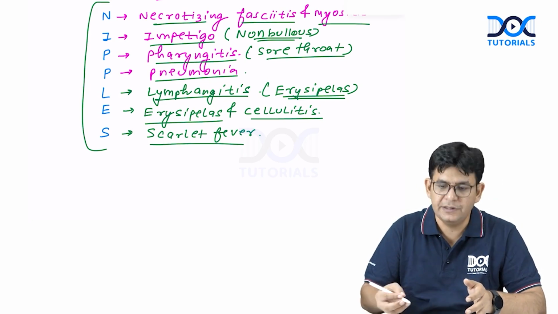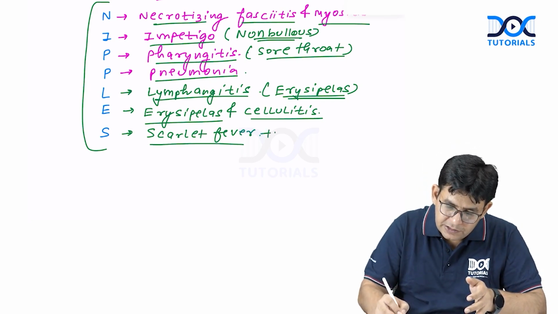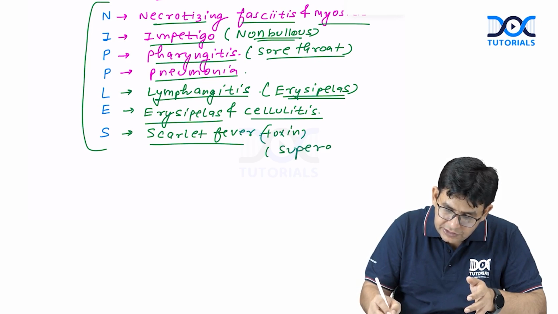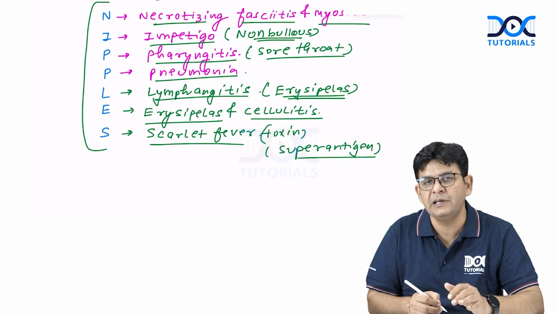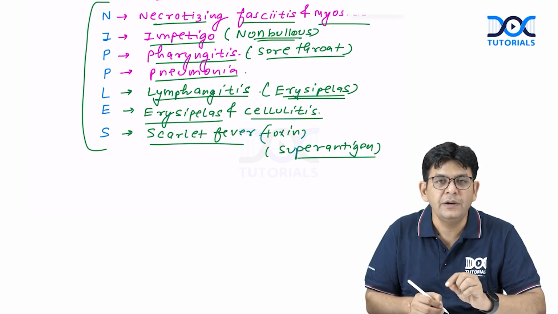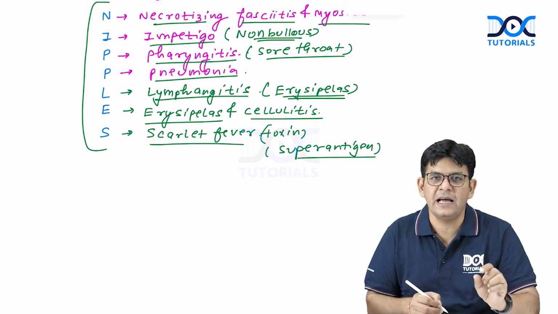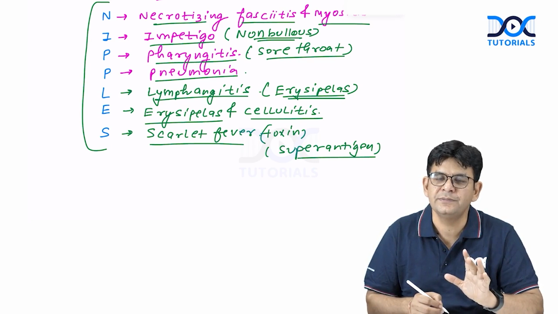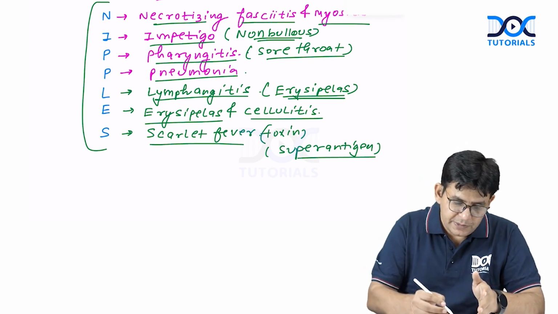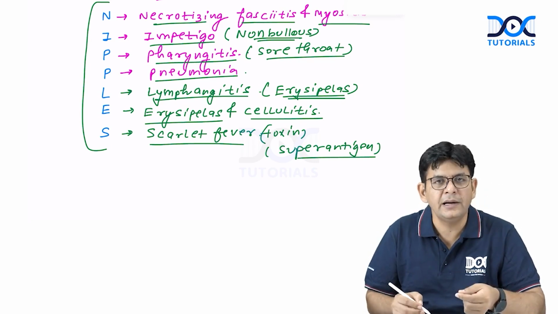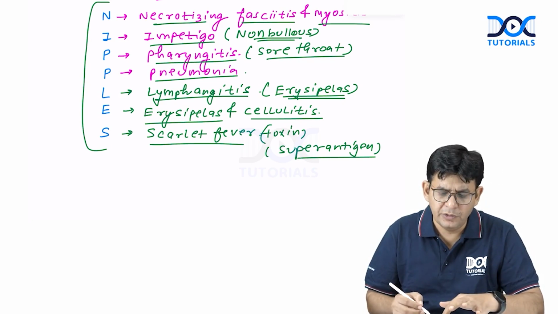The toxin of this particular disease behaves like a superantigen. And what is a superantigen? It activates more than 20% of the T lymphocytes and lands the individual into shock.